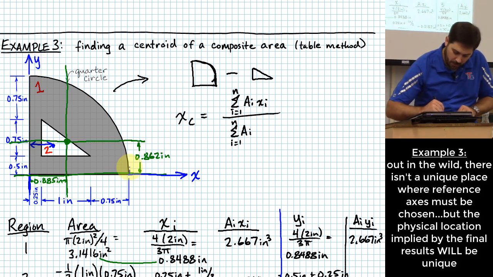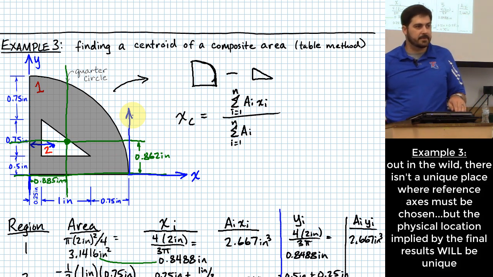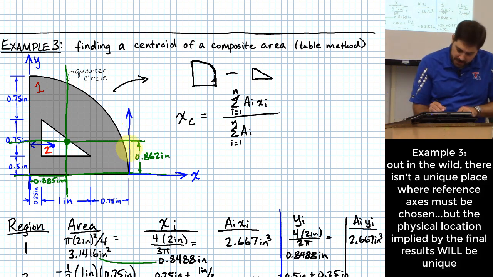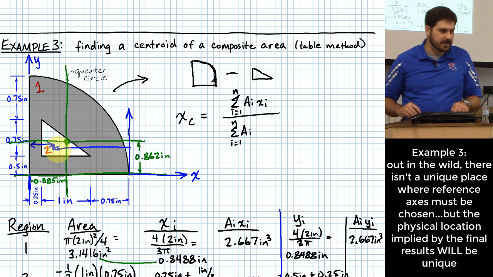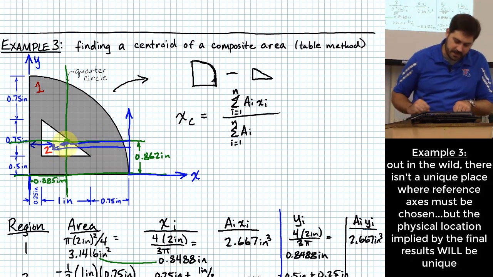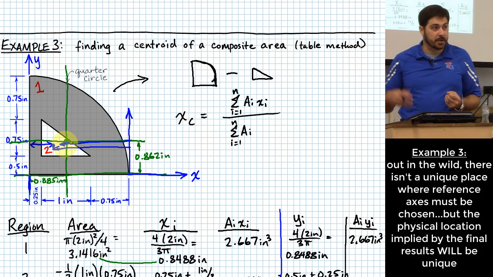I could have chosen a y-axis here, right? What would have happened? I would have had to measure to the centroid of the triangle relative to that axis, and I would have had to measure to the centroid of the quarter circle relative to this axis. I would have had to work all my math out. I would have come up with a negative number at the end of it.